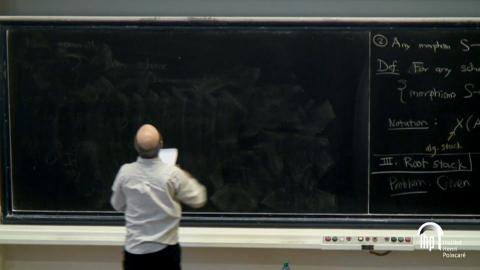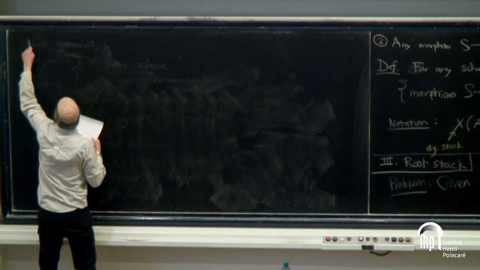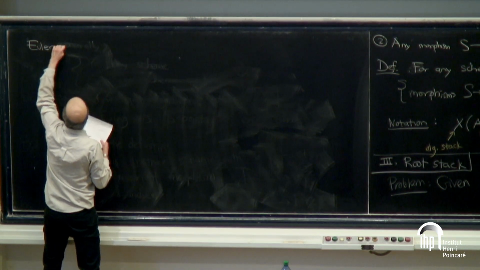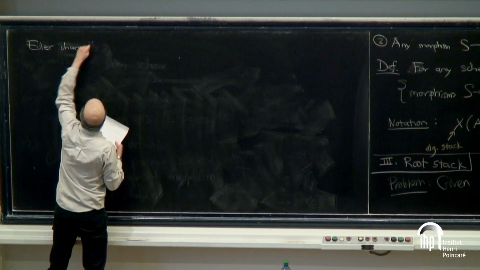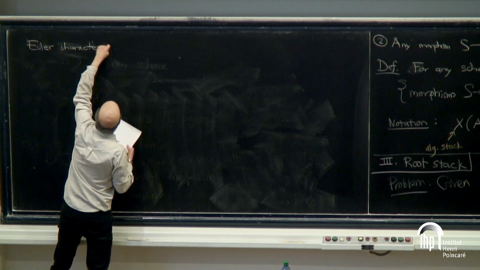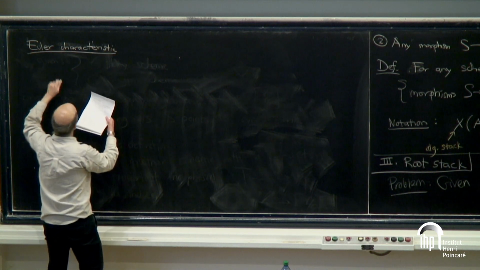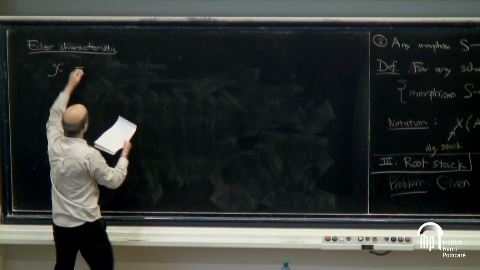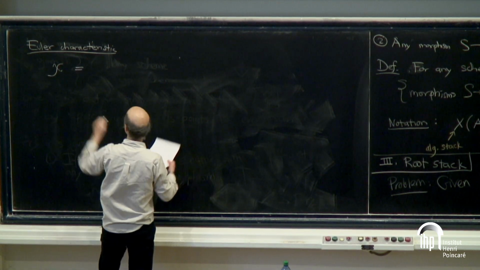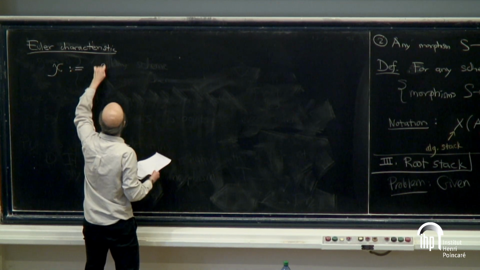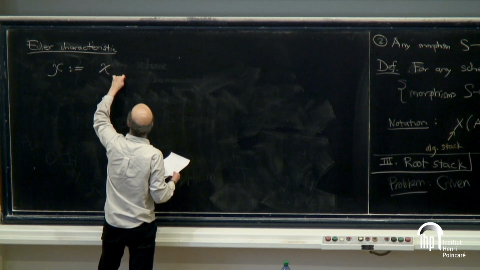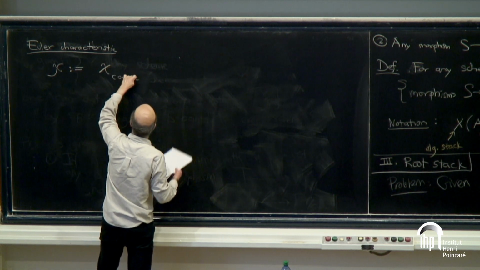Okay, so X is as there, and so the Euler characteristic is defined by taking the Euler characteristic of the coarse space.